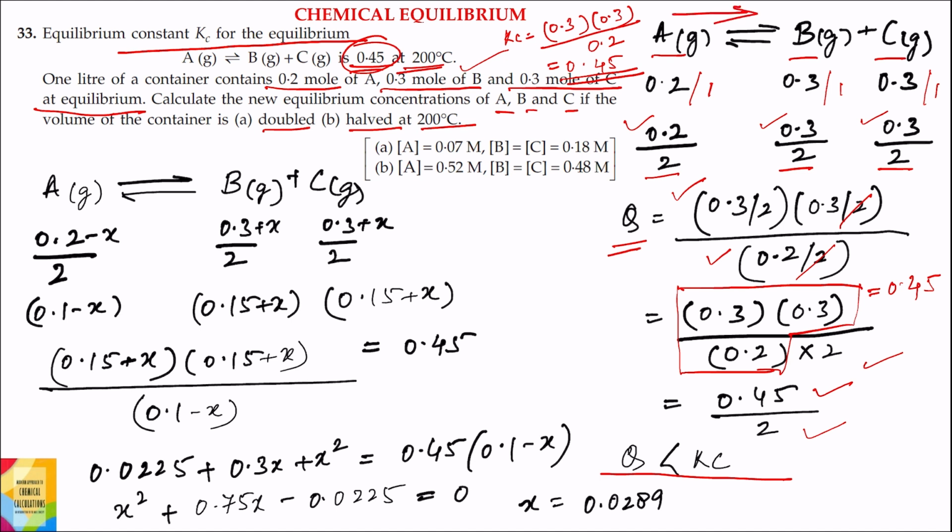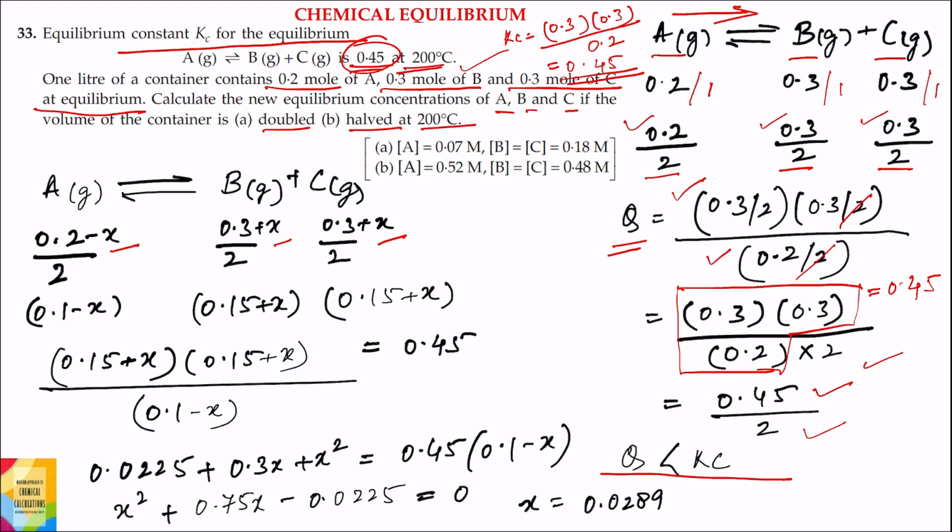Means some amount of A will change into B and C. So X moles of A changes to X moles of B and X moles of C. Now the new equilibrium concentration of A is 0.2 divided by 2 minus moles of A which change into B and C, and the new equilibrium concentration of B will be 0.3 divided by 2 plus moles of B formed, and equilibrium concentration of C will be 0.3 divided by 2 plus moles of C formed.